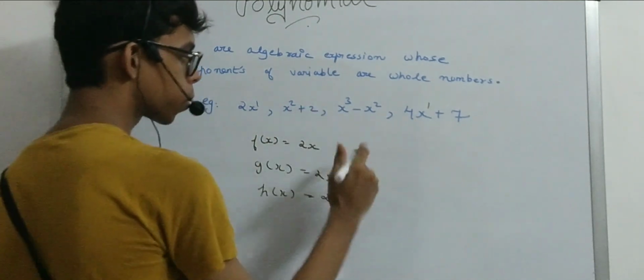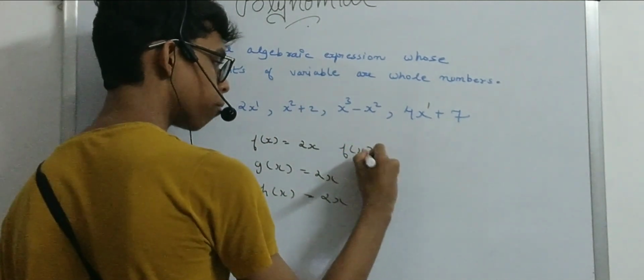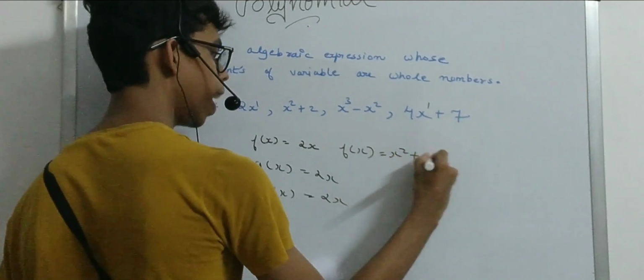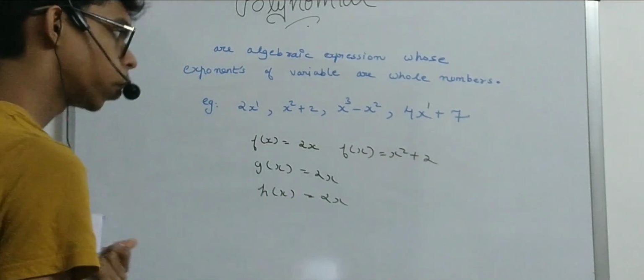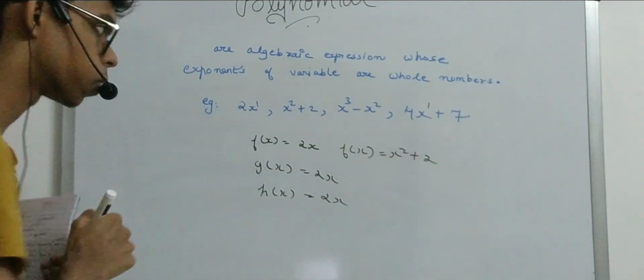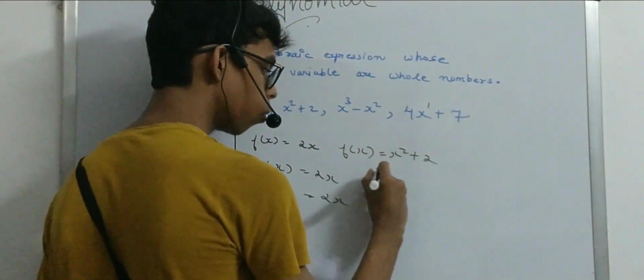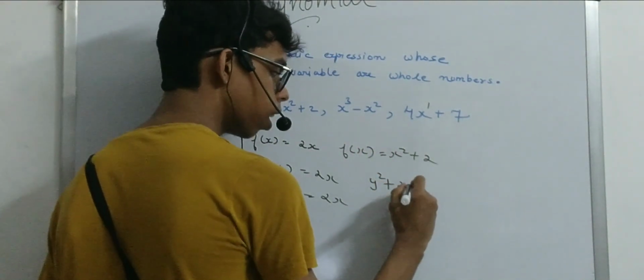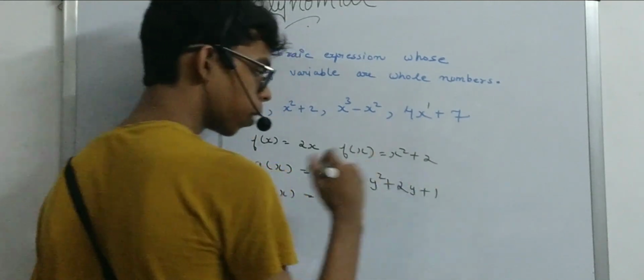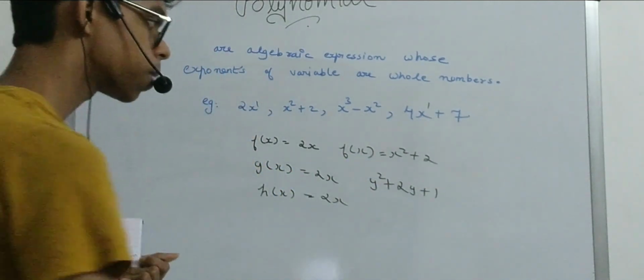Okay, similarly x square plus 2, how can I write it? f of x is equal to x square plus 2, or g of x is equal to x square plus 2. Now if I give you an example, y square plus 2y plus 1, how will you represent this polynomial?